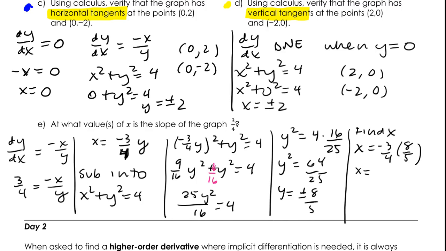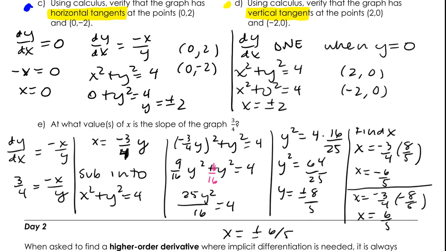So if we do this, we're going to get 24 over 20, or you guys could have reduced inside, and that's negative 6/5. You also have to sub in negative 3/4 and a negative 8/5, and that will give us a positive 6/5. So they just asked for x, so our final answer is going to be plus or minus 6/5, because look here, let me point this out, we got 2 answers.